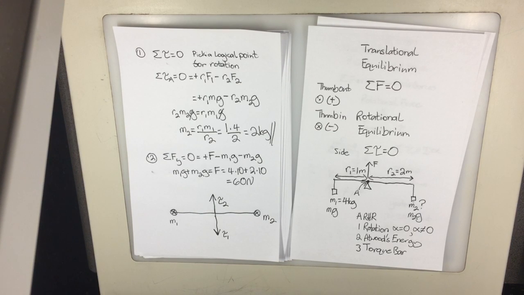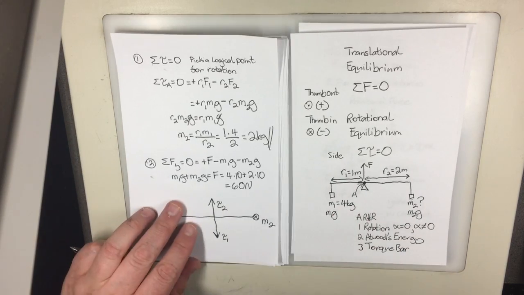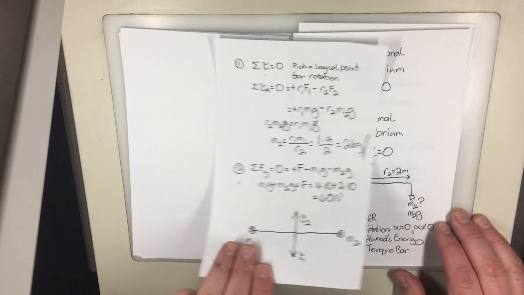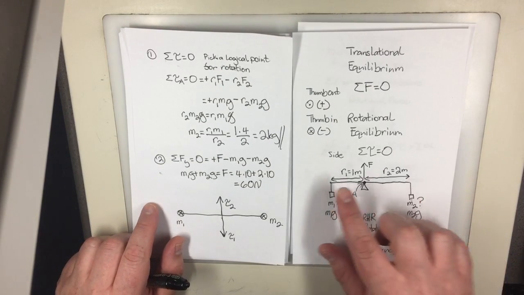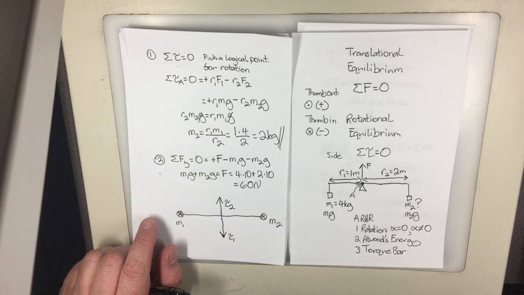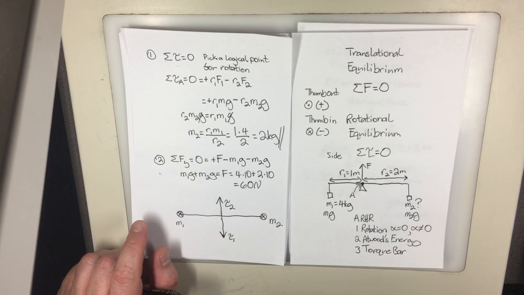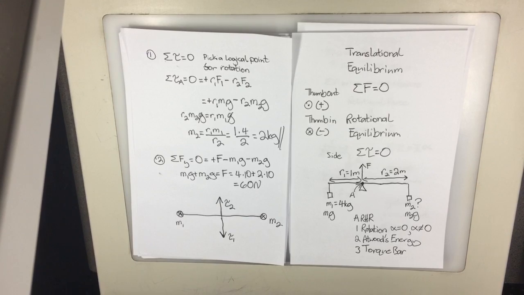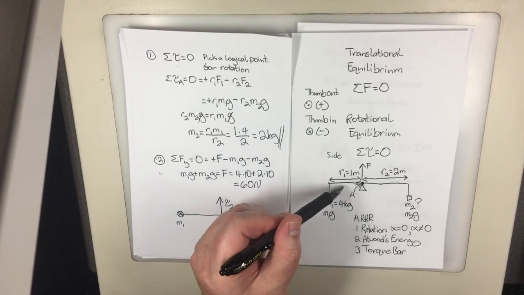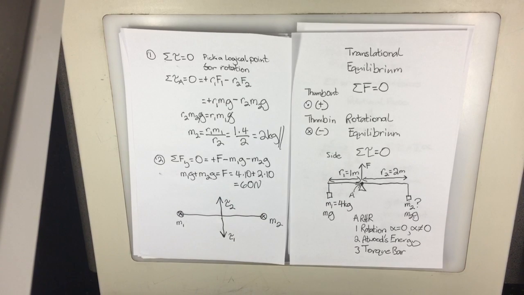It's much like my hand at the hinges of the door. I could push infinitely hard, but it's still not going to cause the door to open. Granted, it may rip the door off the hinges, but it would not cause a rotation. The fun thing about these torque bar problems is you don't have to pick the obvious fulcrum. You could pick any point. You could pick here, here, there. It has to be a logical point.